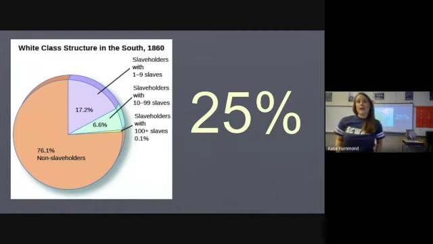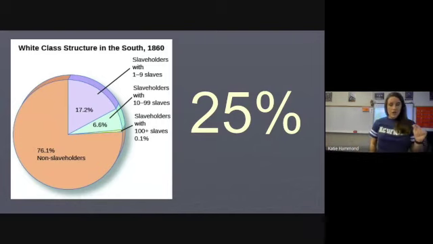That in the South, 25% of white people actually own slaves. That's what you need to know, okay? So the fact that people are like, oh, all white people, no, 25%. And of that, you will see it's a minority within a minority, okay? Just remember that 25% in 1860 of all white Southerners actually owned slaves.